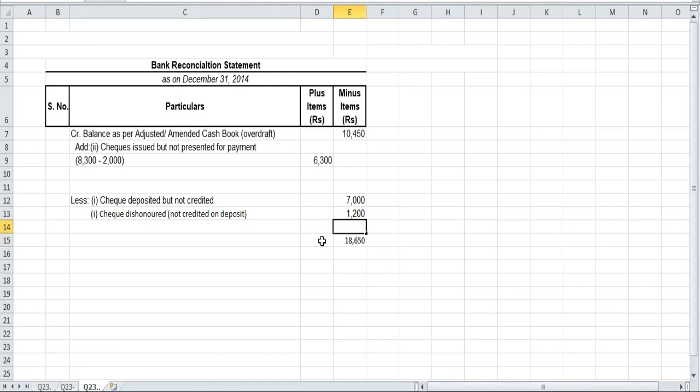This side is less, so this side also will be 18,650. So we'll minus 18,650 minus 6,300. So this side it is coming to 12,350. Sorry, 12,350.